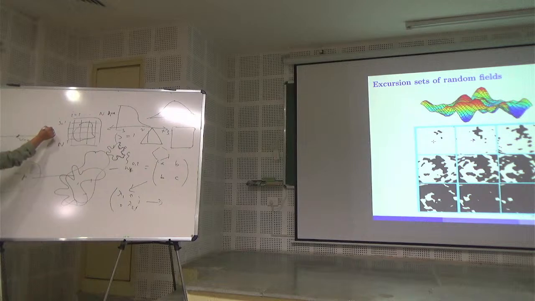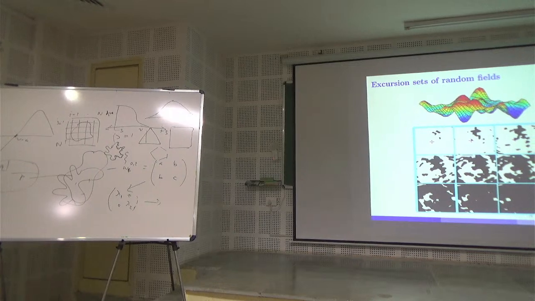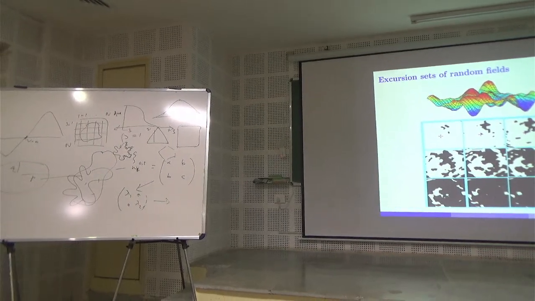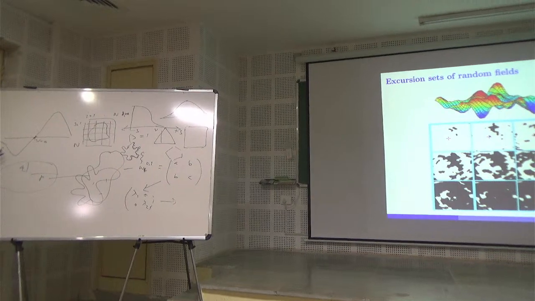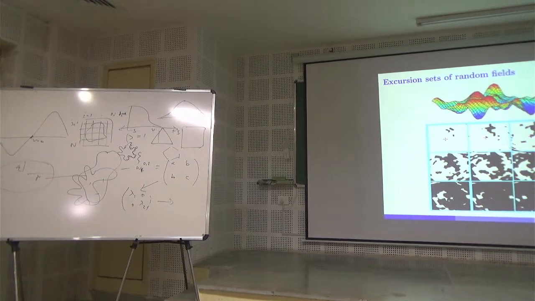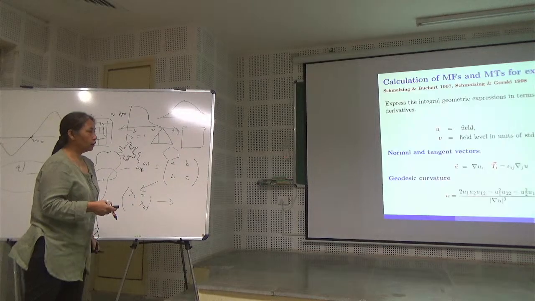So it goes up, goes down. Get it? And if the field is Gaussian, this functional form will be mu to the power. Get clear? Okay.